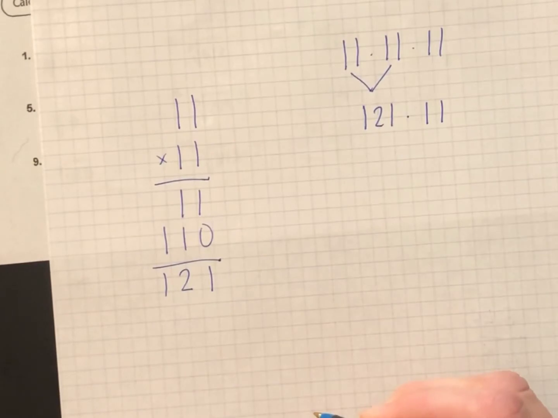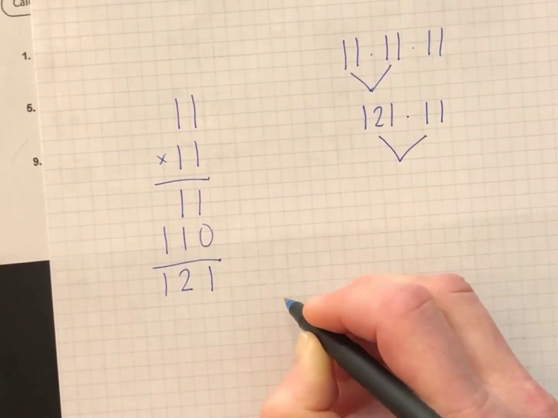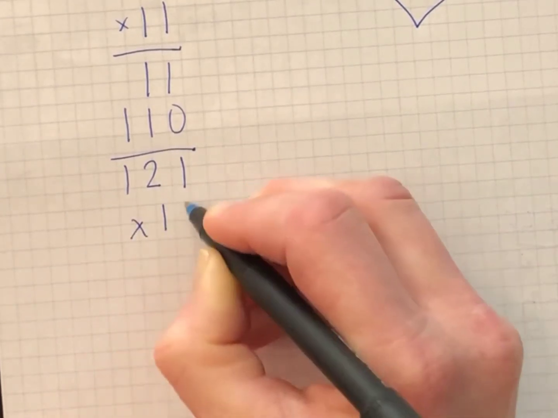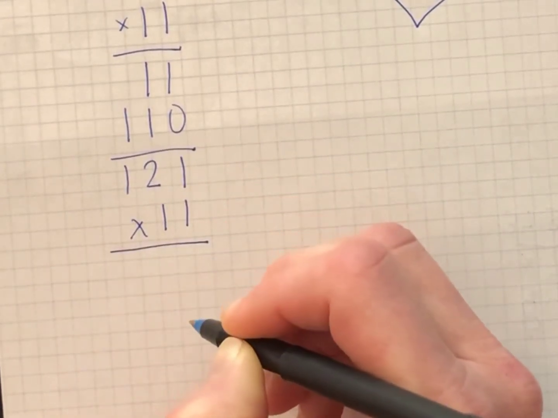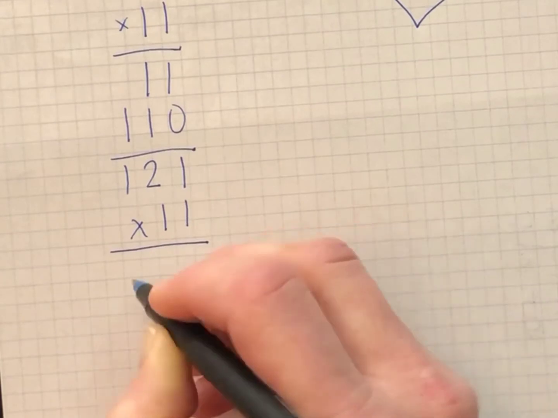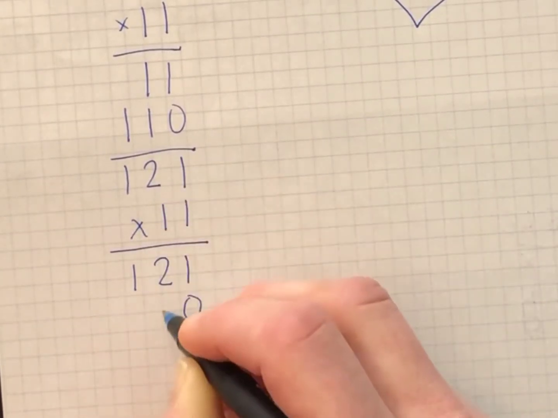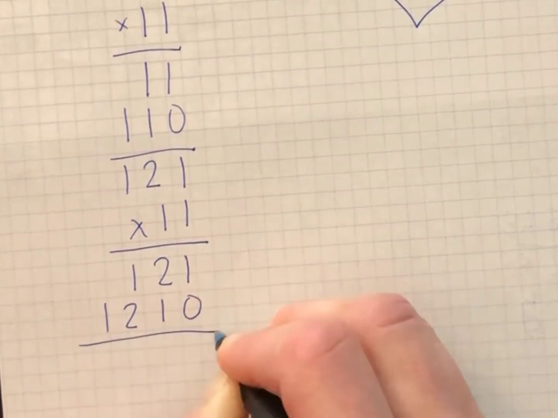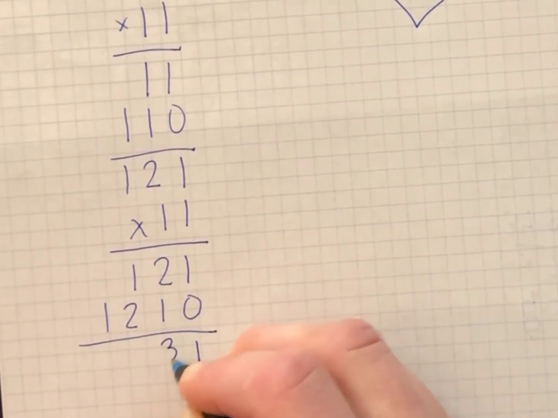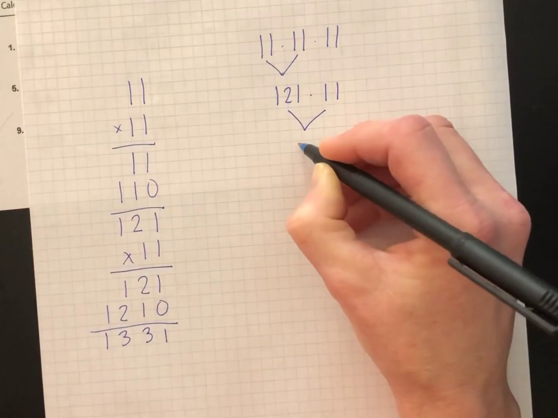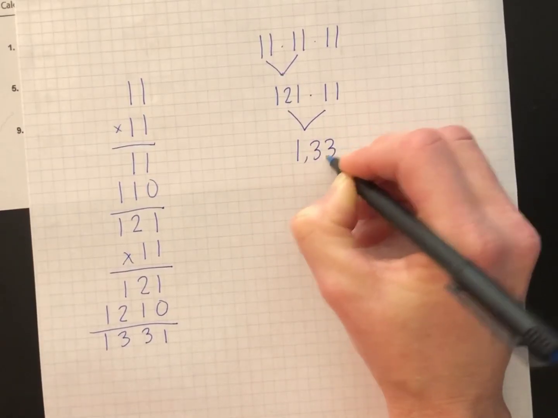Okay, so let's see. 121 times another 11. This will be 121. Put the 0. 1, 3, 3, 1. 1,331. Okay, let's see, what was that number?